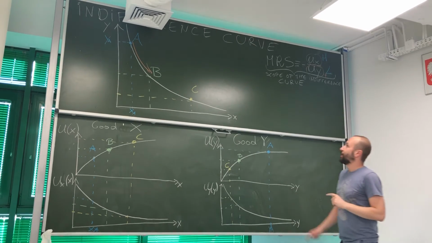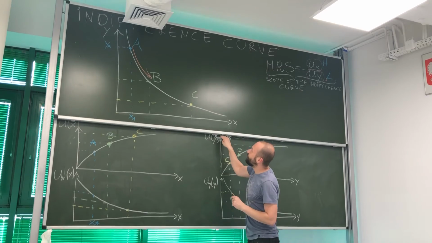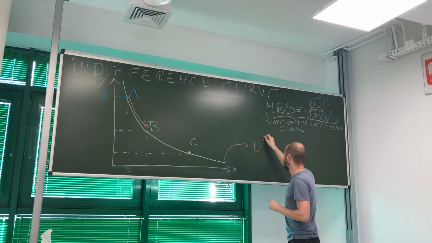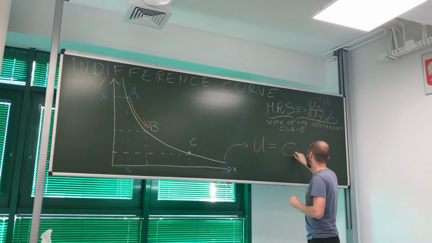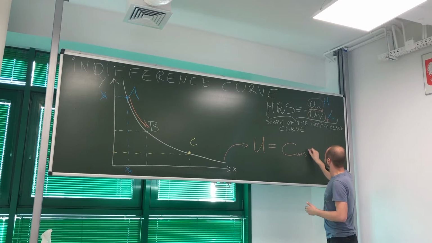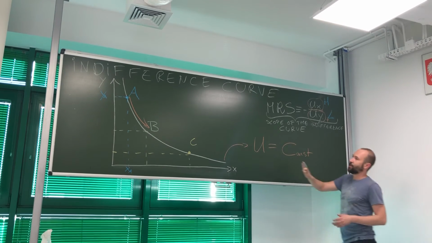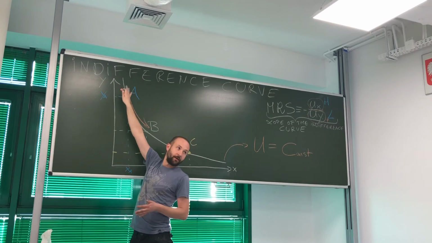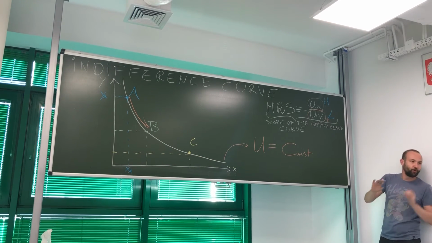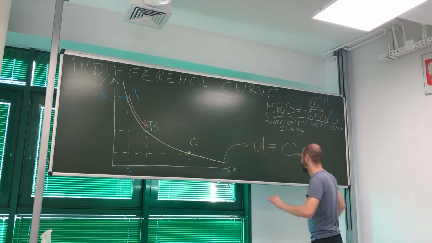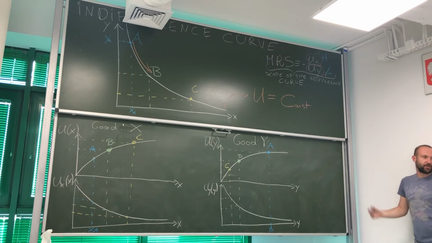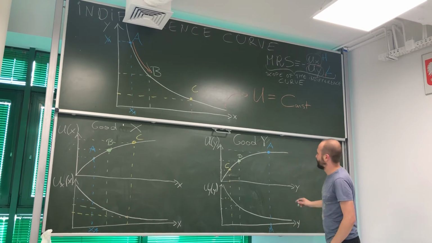And remember, the main thing about the indifference curve is that the total utility on the indifference curve is given by some constant. Which means that each bundle over here will give the customer exactly the same total utility, right? This is where we get this condition, du equals 0.